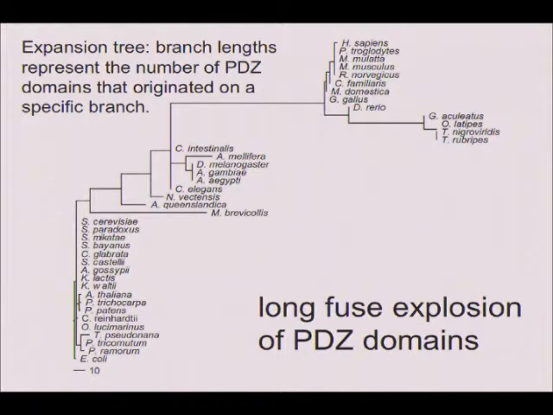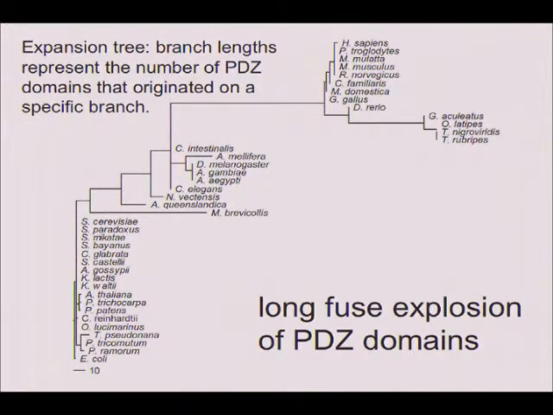The lines in this direction are the number of PDZ domains, so we have very few here, and then we have this explosion of PDZ domains in Monosiga. You can get these patterns for a lot of different domains. They would not look identical, but this is for the PDZ, and then they're increasing, and there's another explosion of PDZ domains when we get into vertebrates.